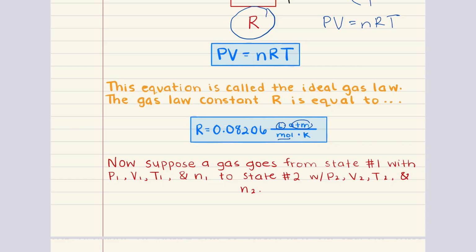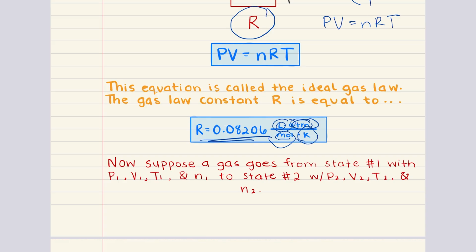This means that when pressure is measured in atmospheres, volume in liters, temperature in Kelvin, and the amount of gas in moles, this specific value of R ensures that the equation holds true. There are, of course, other values of R used for different unit systems, but for our class, this is the one we are most concerned with.